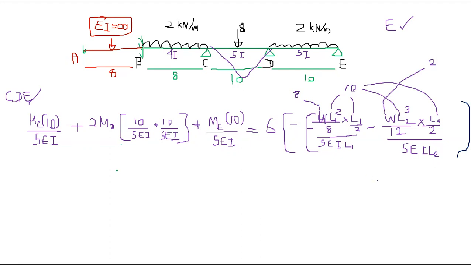Right? So you can cut this EI away from the whole equation. And what you observe is ME is the end pin support, right? So that's going to be 0. End moments. So if one span only is connected, at a simply supported end, you know the bending moment is 0, right? So once you simplify this, you will obtain an equation like this.